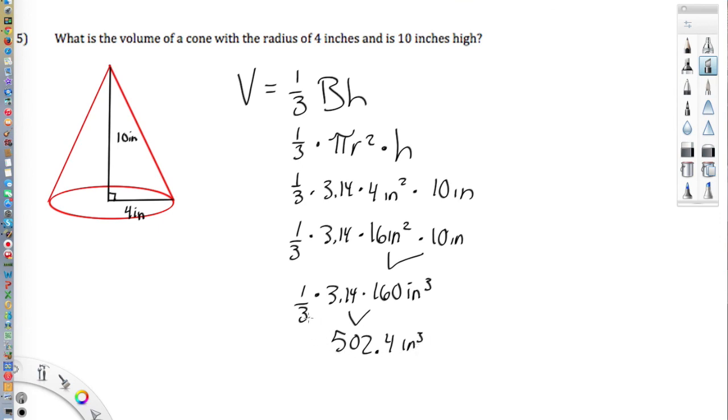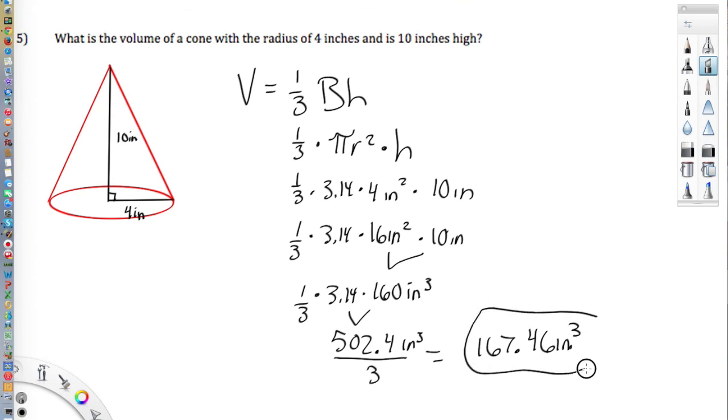And then multiplying something by 1/3 is the same thing as dividing it by 3. And when I do that, I'm going to get 167 and 46/100 cubic inches.